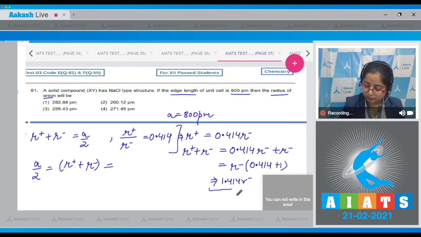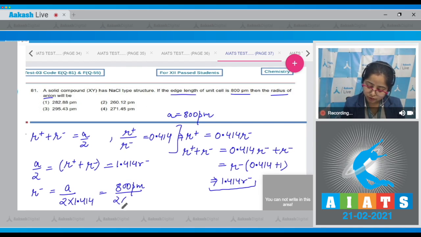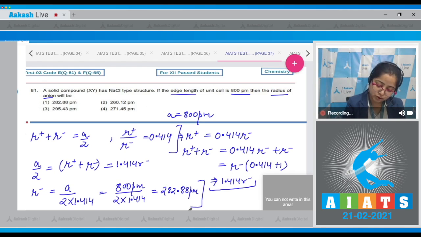Now let's put the value of r plus plus r minus here, which is equals to 1.414 r minus. So let's calculate the value of r minus, which is equals to a upon 2 into 1.414. The value of a we are given 800 picometer. 2 into 1.414, which is equals to 282.88 picometer. That means the correct answer for this question is option number 1.